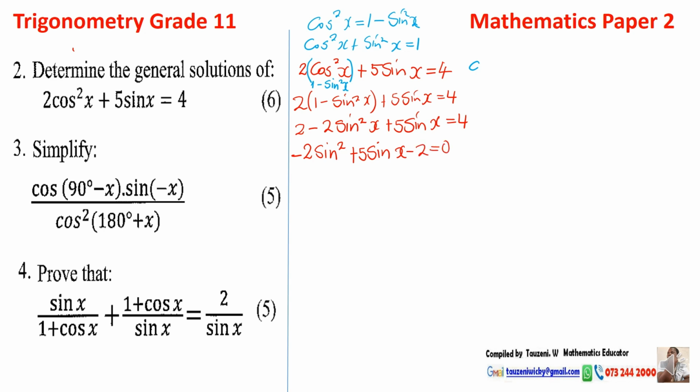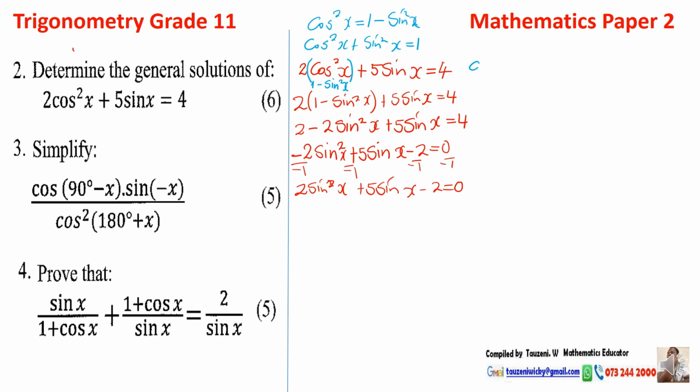The leading value, you can make it positive by dividing your equation by negative 1. Then my equation will be 2 times sine squared x plus 5 times sine x minus 2 is equal to 0. This is my equation. So it needs the ideas of quadratic equations.